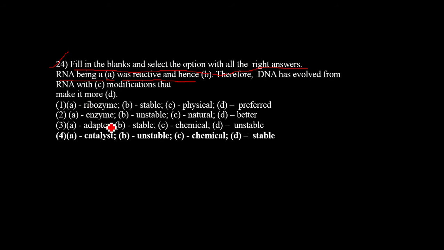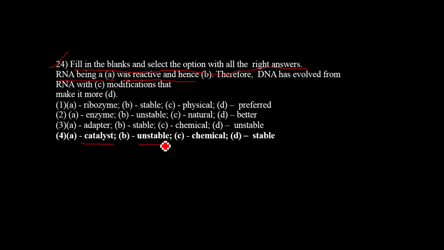What is a catalyst? A catalyst is a substance which will speed up a chemical reaction. Here it will speed up the biological reaction, but it will not change in the biological reaction. Here RNA being a catalyst was reactive and hence unstable.